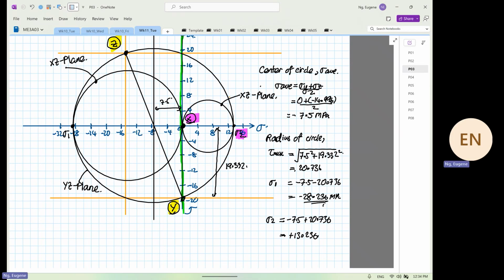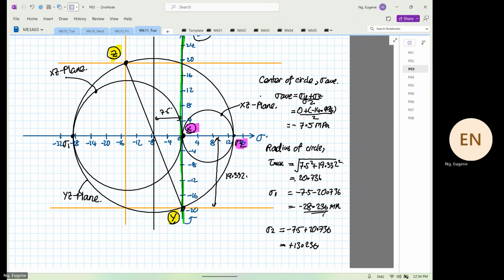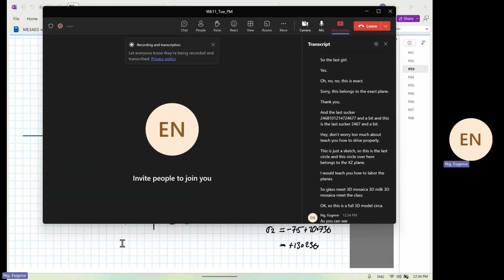I will teach you how to label the planes. So class, meet the 3D Mohr circle, 3D Mohr circle, meet the class. Okay, so this is a full 3D Mohr circle, as you can see.